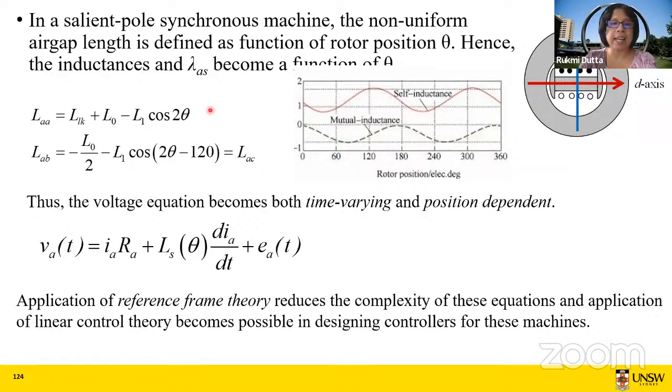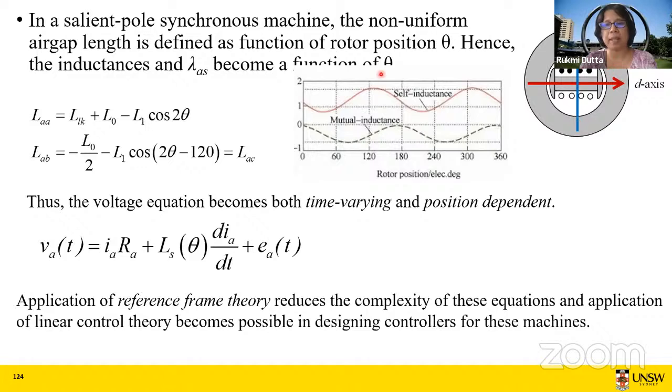These second harmonic terms we can understand quite easily. If we have one pole pair, we always see 2 peaks in our inductance, right? The inductance will be maximum here, minimum here, maximum here, and again minimum here.